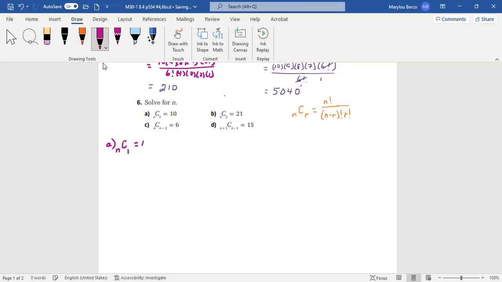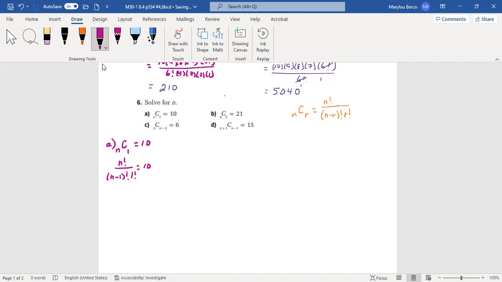equals 10. Well, this is kind of coincidental. We have nC1, so we have n factorial over n minus 1 factorial times 1 factorial equals 10.